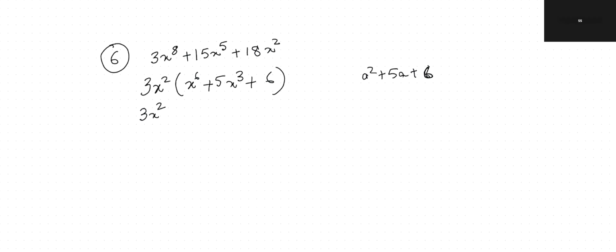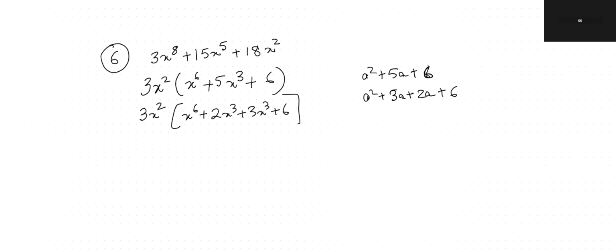So a squared plus 3a plus 2a, because 3 times 2 is 6 and 3 plus 2 is 5. Or we can directly do here x^6 plus 2x cubed plus 3x cubed plus 6.